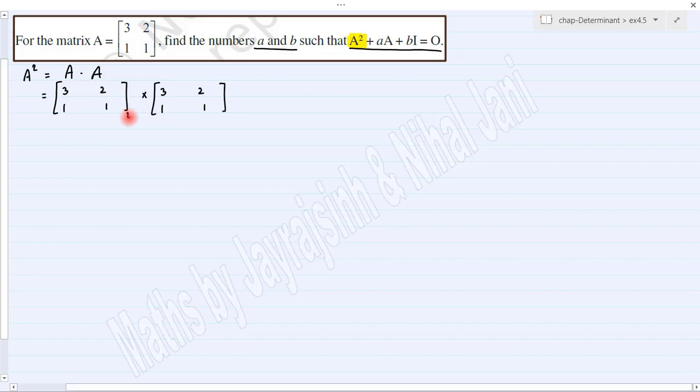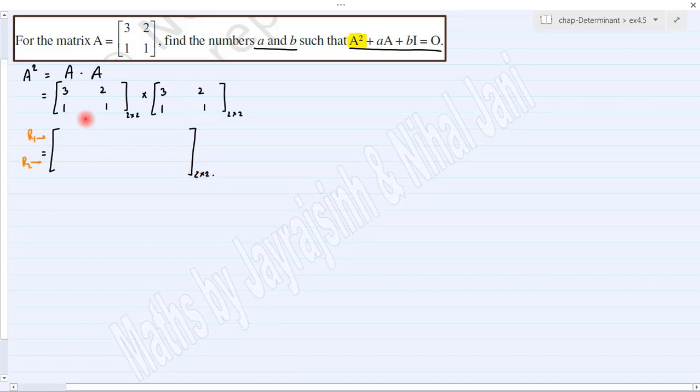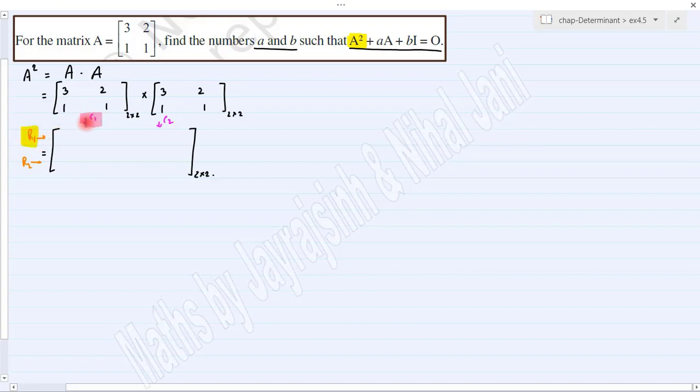We know that our matrix is of order 2 cross 2. So your resultant matrix will also have order 2 cross 2. That means we will have 2 rows and 2 columns. So let's obtain your first element, which is in first row and first column.